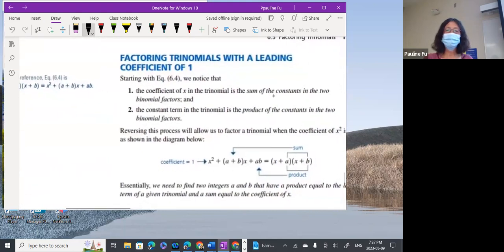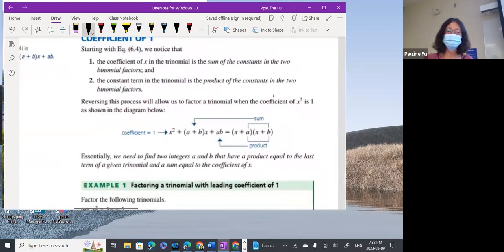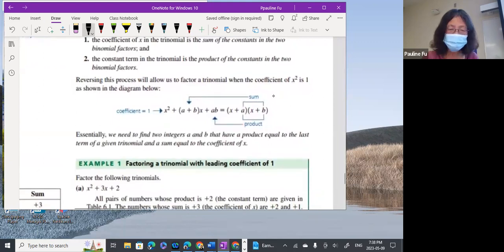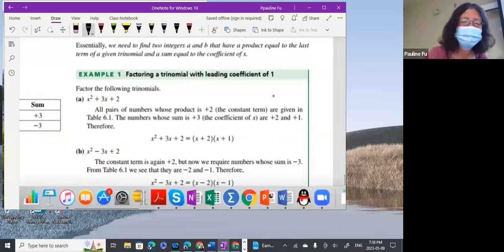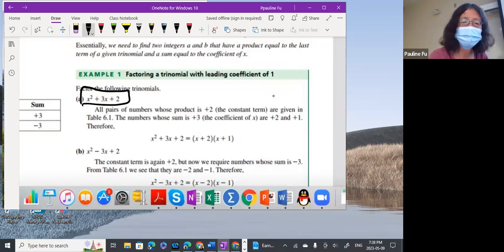Now, factor trinomials with a leading coefficient of 1. How do I factor this? We already studied this. How do I factor a trinomial? So in front of x squared, you have 1. 1 is 1 times 1.